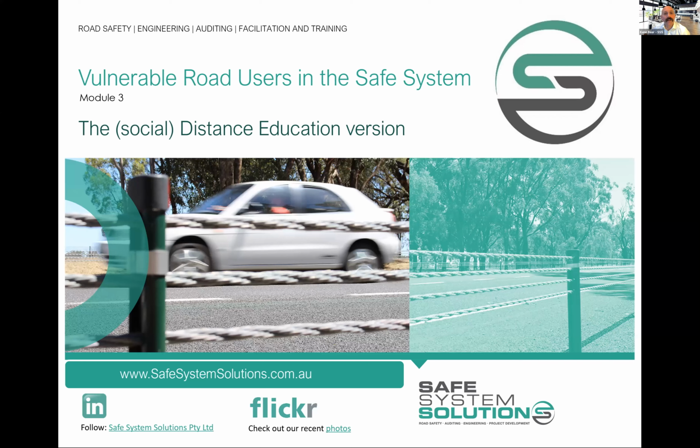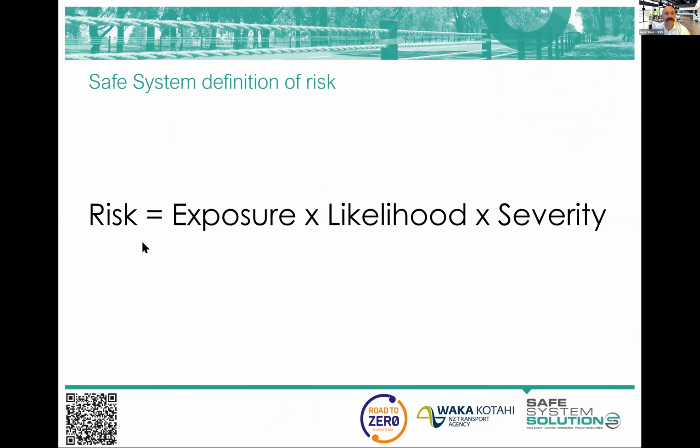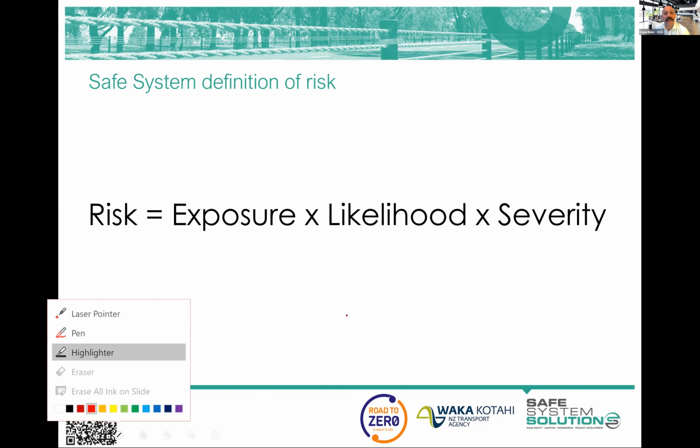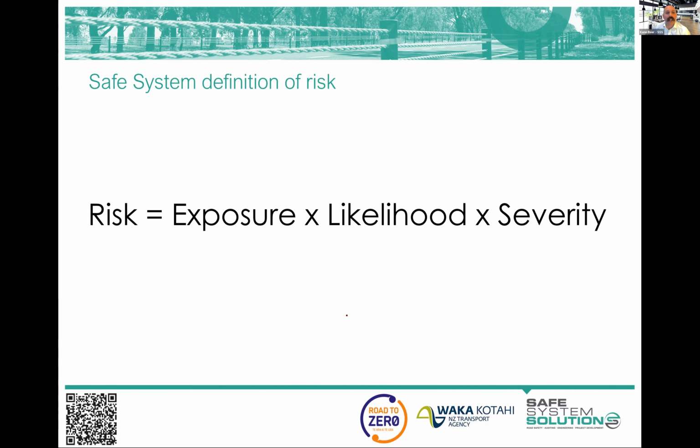So the reason we're so obsessed with this in this course is that in this safe system assessment definition of risk, it's that exposure, likelihood, and severity, which, as I mentioned last time, is a little bit weird that you separate exposure out as its own entity.